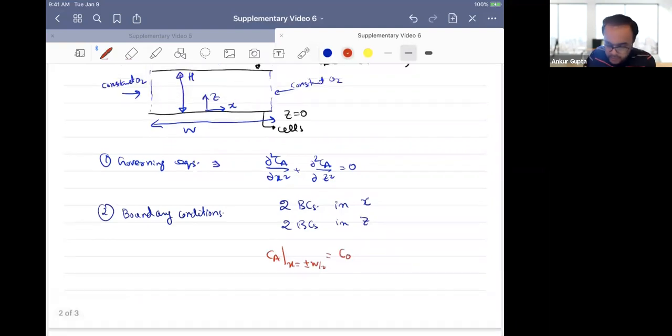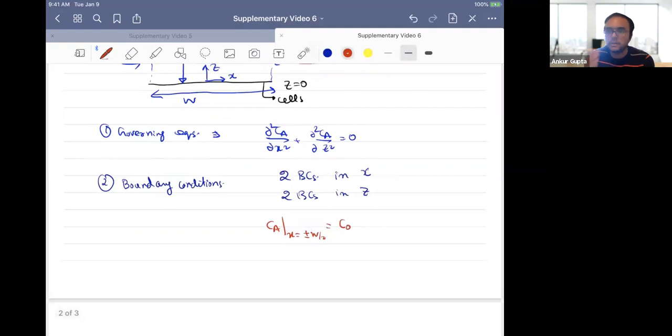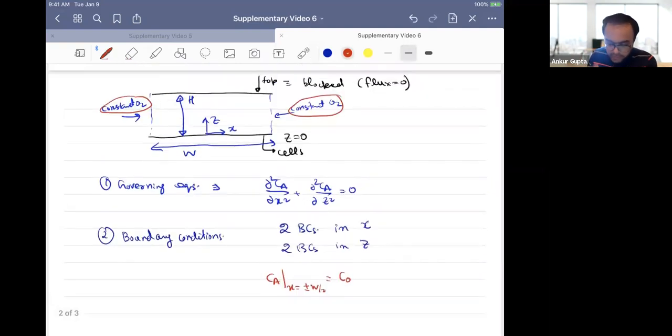And experimentally also, you can imagine this is very easy to know. The other option is you can simply say that there is symmetry about x is equal to 0. Both are okay, but I just use this one. You can use the symmetry one too, and then keep one as the constant concentration. Both are okay. And then the concentration we want to find in Z.